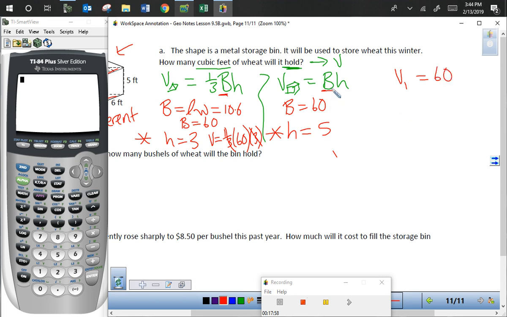Down here, if we plug stuff in, we've got big B, 60, times 5, so our second volume is 300. Then all we have to do to find the total volume is add these two together. 60 plus 300 is 360. The label on both of these is cubic feet, so feet cubed. And that's our answer.